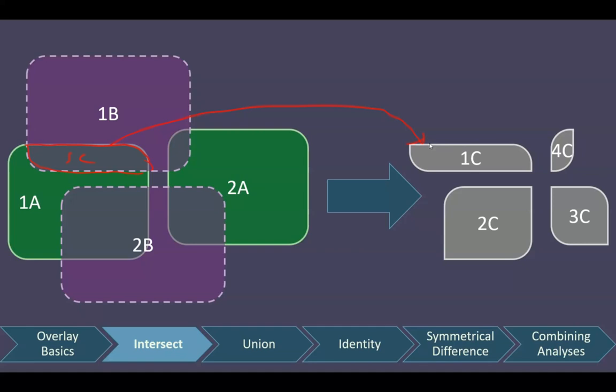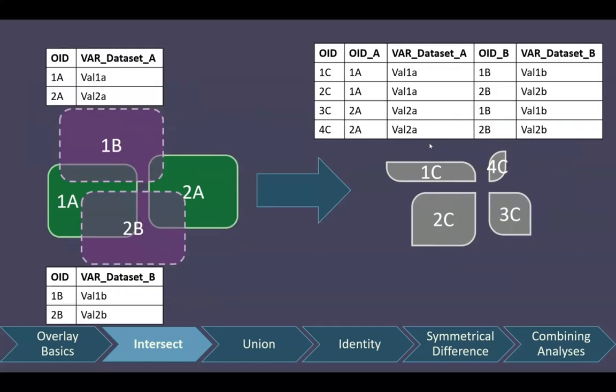But again, because we're doing overlay, there's another step here, and that's the attributes. If we look at the attribute table, just to keep track of stuff, this right here is 1C. And in this case, 1C's attribute is here. You can see that 1C is created by the overlap of 1A and 1B.